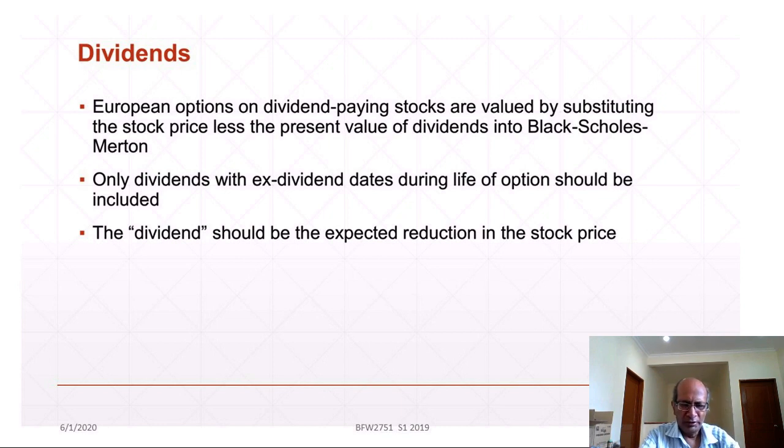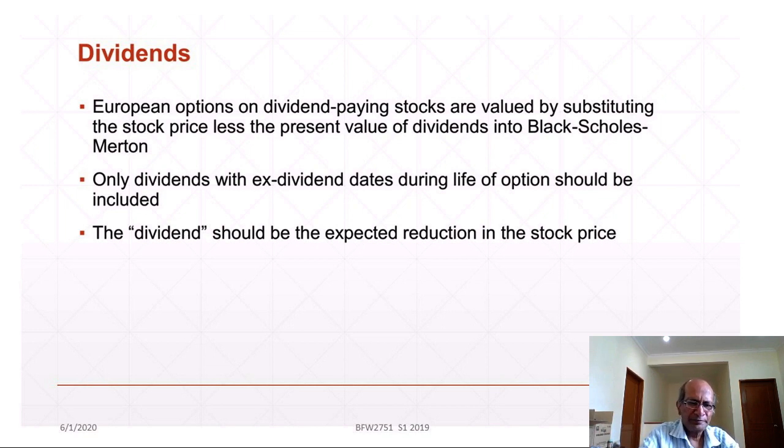We will give you continuously compounded interest rates, which have the same value for all maturities, so you can use that to discount. To convert the dividend at a certain time to present value, because S0 is a present value. Only dividends with ex-dividend dates during the life of the option should be included.